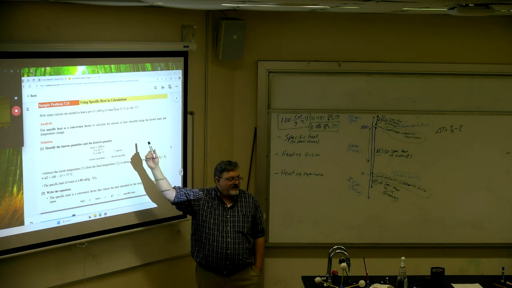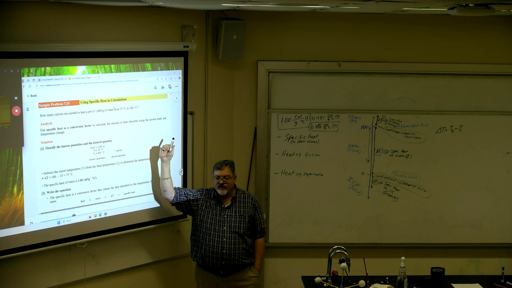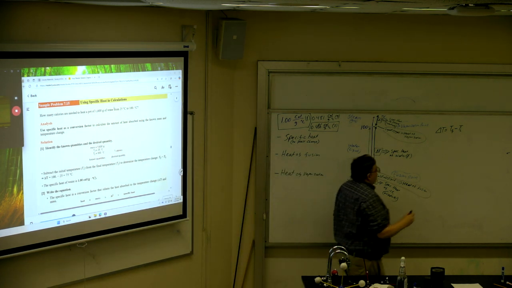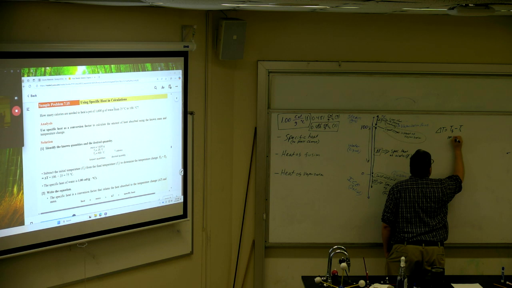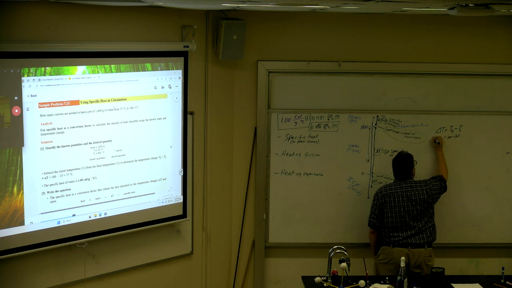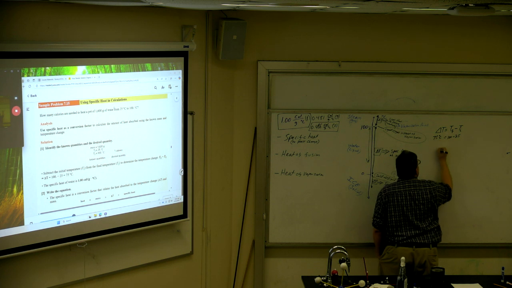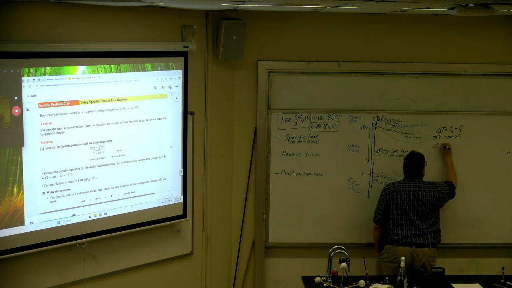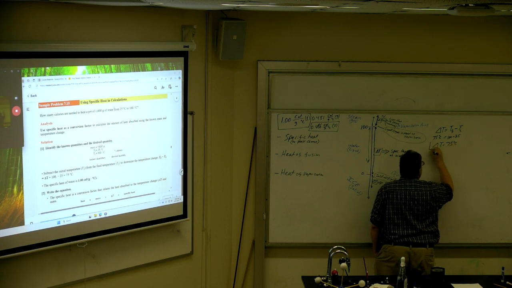The from is the initial, and the 2 is the final. Final is 100. Initial is 25 degrees C. So here our delta T is 75 degrees C. So we needed our delta T to continue.